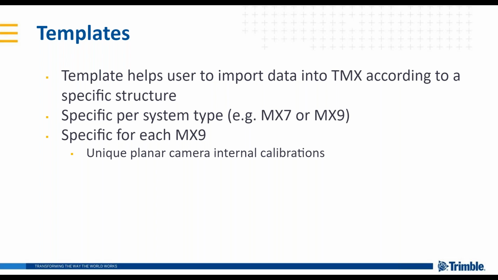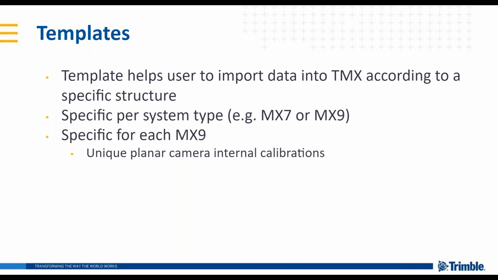The template simply tells TMX what type of data could be found where. For example, in your CSV file, which column corresponds to longitude and which column corresponds to latitude, which column has the time information, and in what convention the time is stored. All of this we could have inside the template.